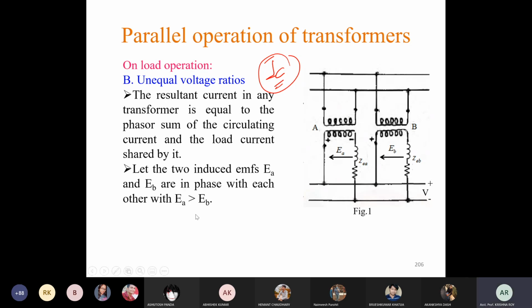So let the two induced EMFs EA and EB not be equal. This inequality can be created by making their magnitudes different or making their phase angles different. Let us consider they are not in phase. We are assuming that EA is greater than EB.